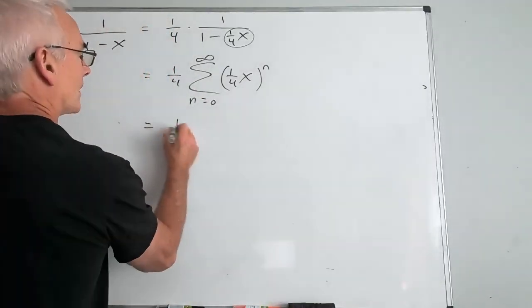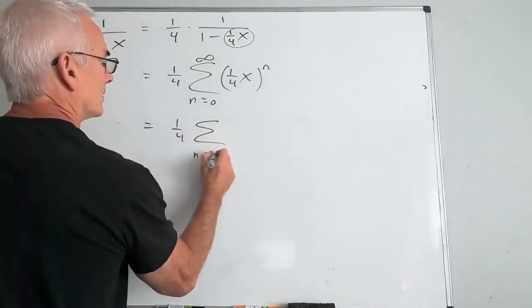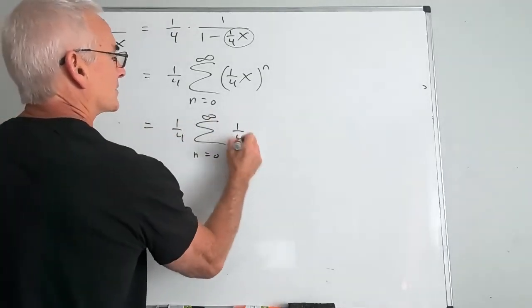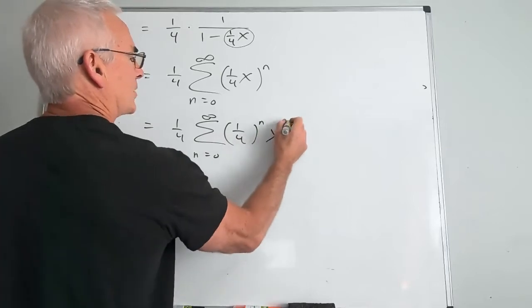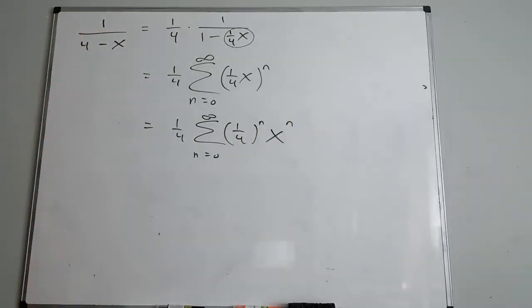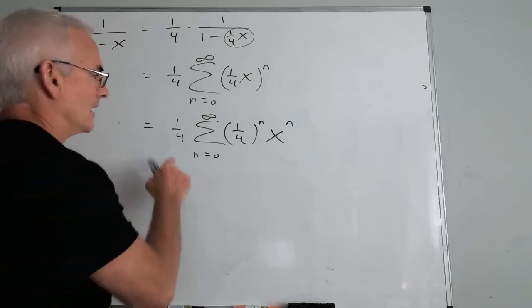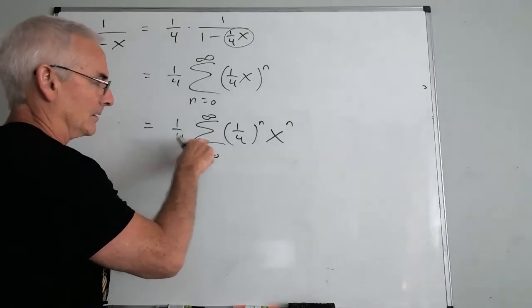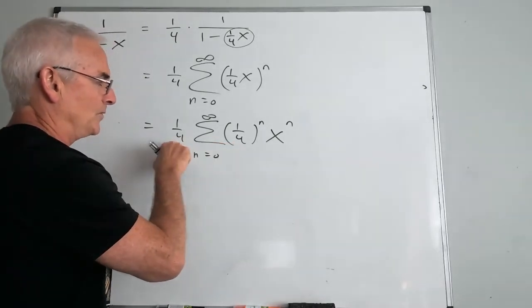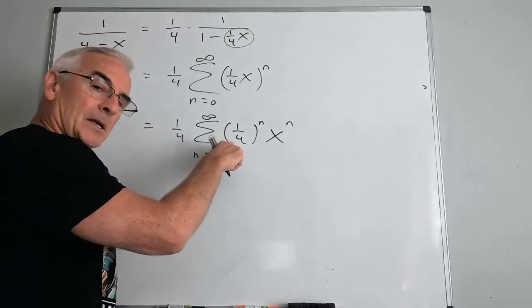So how about if I did this? Is that correct so far? Rules of exponents, is that correct? Yeah. This is a constant. Kind of looks like that one there. Can I move this into that?